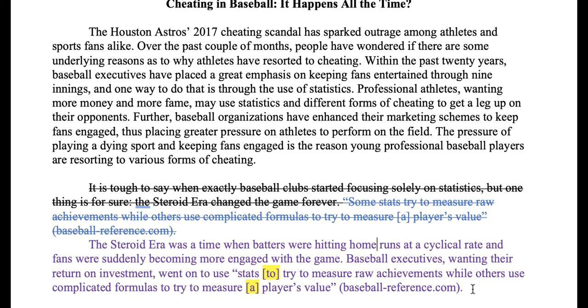Also, if you notice, at the end of my citation, you see the punctuation, the period. The period always goes at the end of your citation, not here at the end of the quote. That's just the way citations are written. Keep that in mind when you write your own quotes with their own citations.